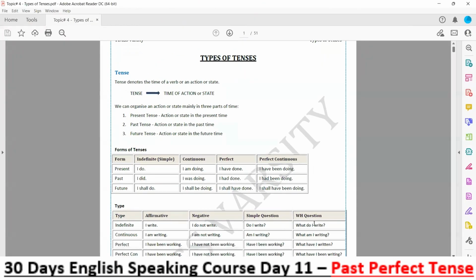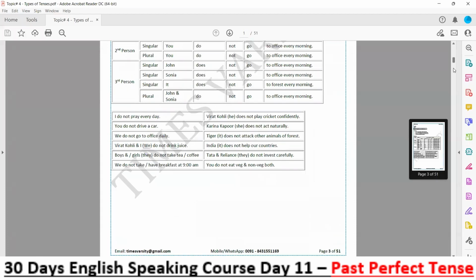In this session, we will discuss past perfect. As we discussed in the last session, it was past continuous. Today, we are discussing past perfect tense. Okay, let's start.